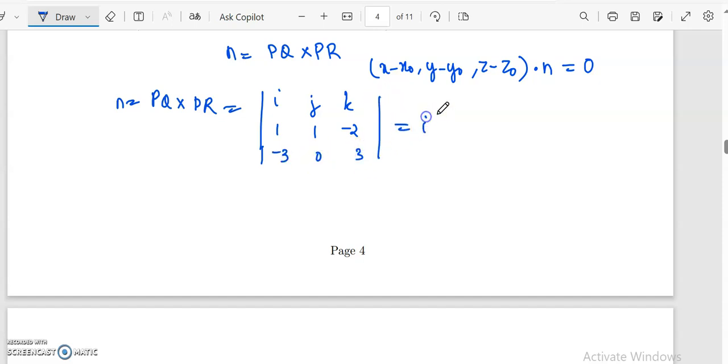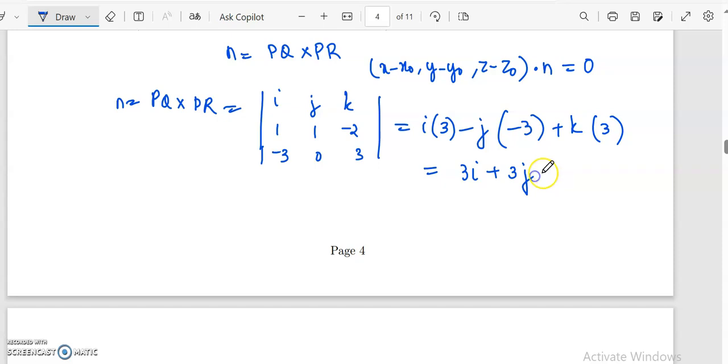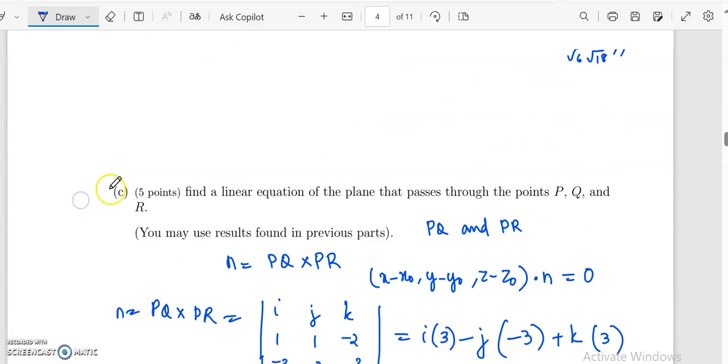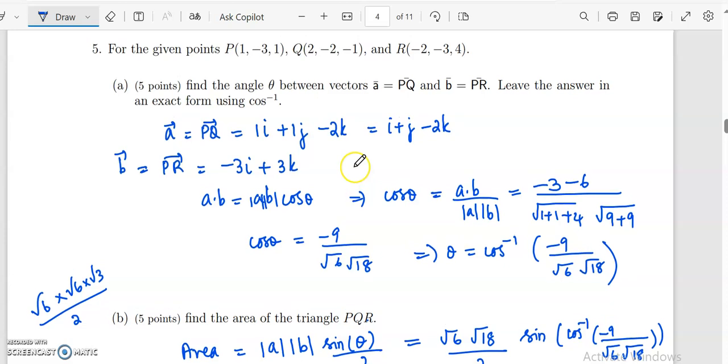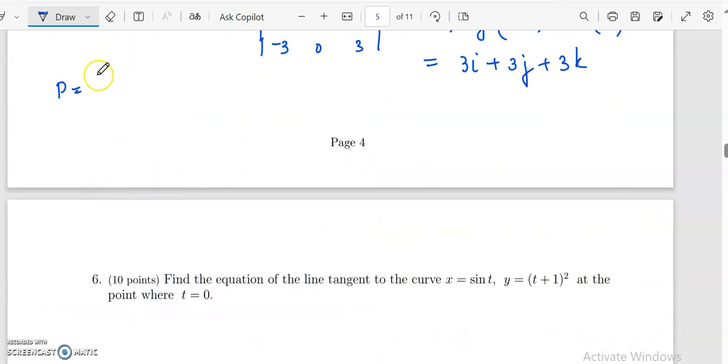So we'll get i into 3 will come, then minus j into 3 minus 6, which is minus 3, plus k into 0 minus minus 3. So we'll get 3. So that will be 3i plus 3j plus 3k. Now the coordinates of P will be 1, minus 3, 1.